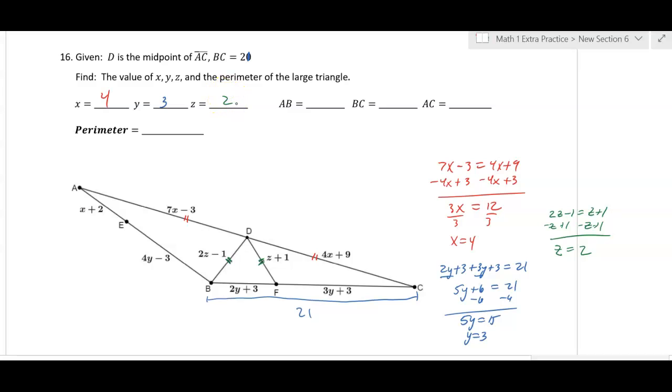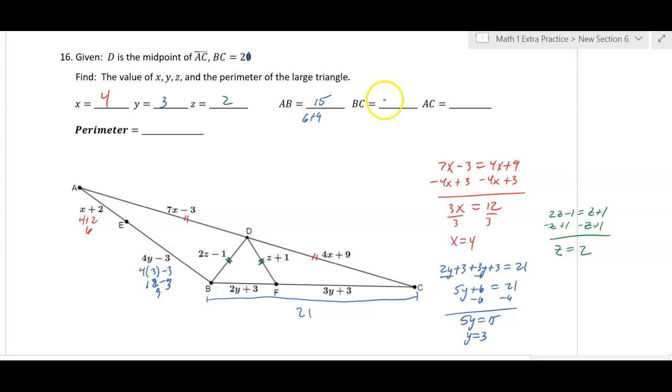Now to find AB, I'm going to plug x into this first one. So 4 plus 2 would give me 6. I'm going to plug y into this one, which is going to give me 12 minus 3, which is 9. So right away, AB is just going to be 6 plus 9, which is 15.